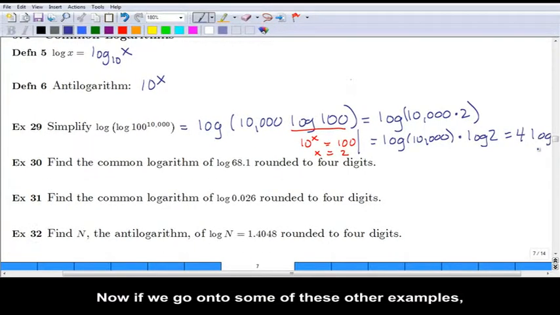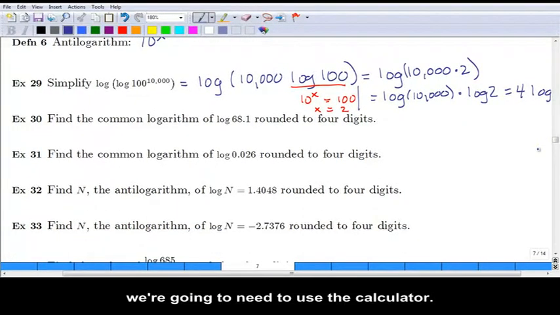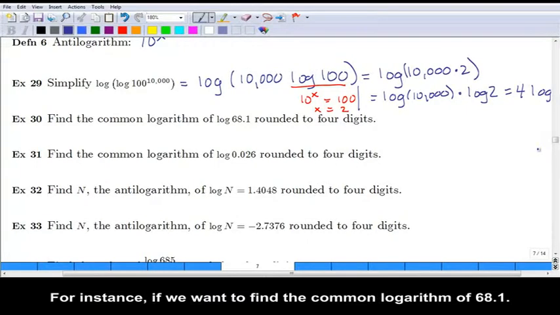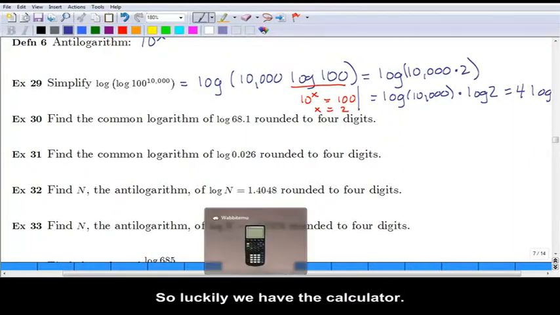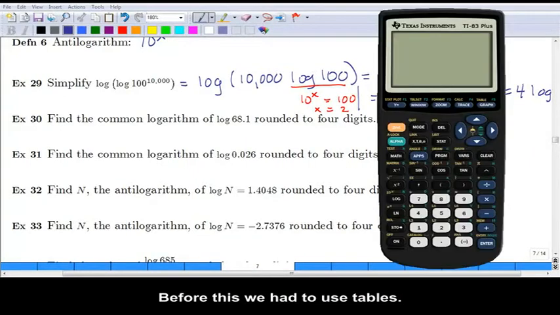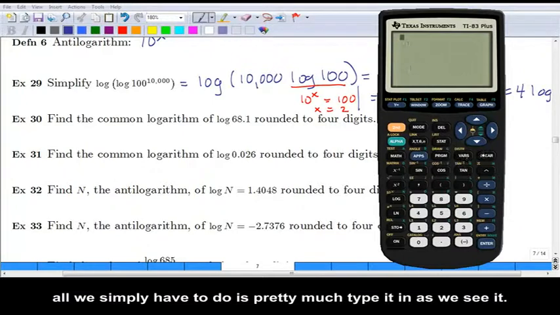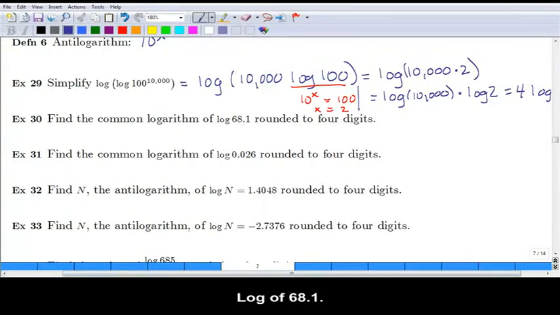Now if we go on to some of these other examples, we're going to need to use the calculator. For instance, if we want to find the common logarithm of 68.1, so luckily we have the calculator. Before this we had to use tables. If we go to our calculator, all we simply have to do is pretty much type it in as we see it, log of 68.1.